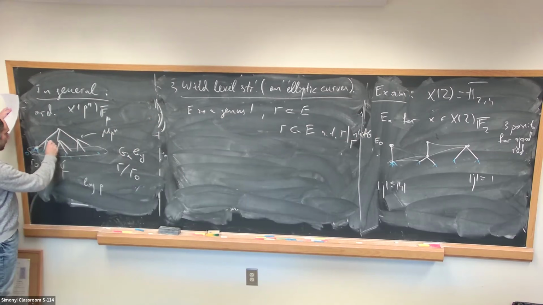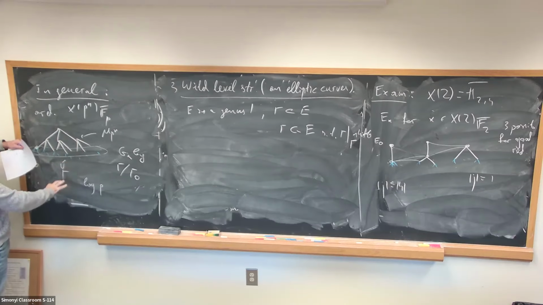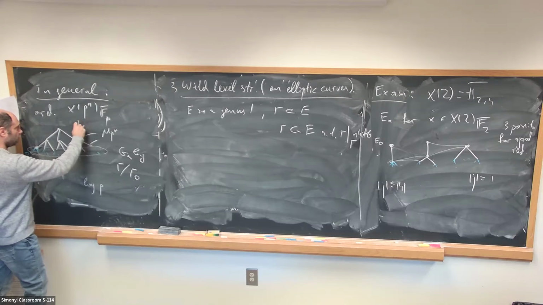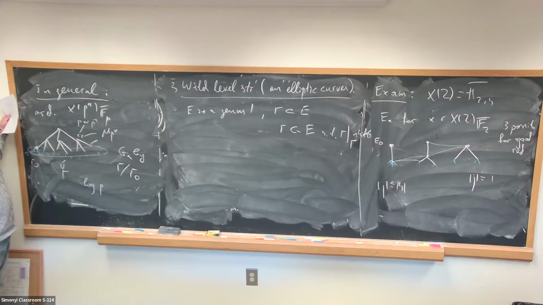And moreover, all splittings happen by the additive group and cosets. So this already restricts very much what can happen. On each level, you have ramification by p or p squared, but no more than that.